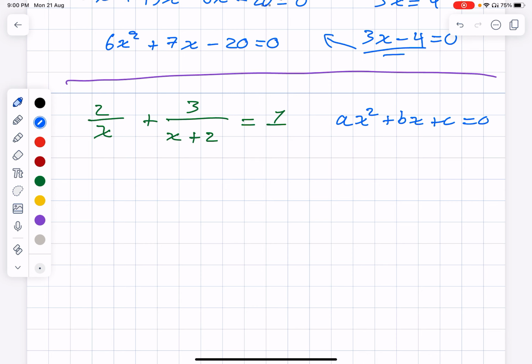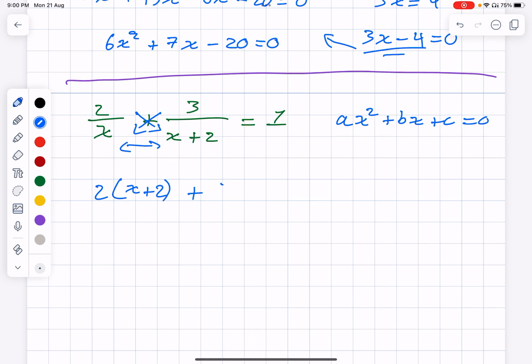Now here, what we can do is cross multiply. Here are the steps. Why do we want to cross multiply? So that we can get a common denominator, and of course these two will multiply with each other.